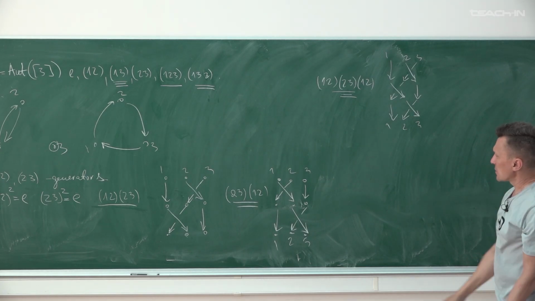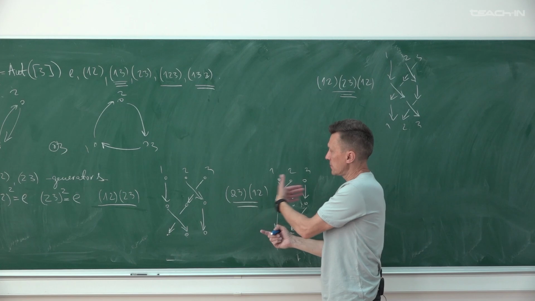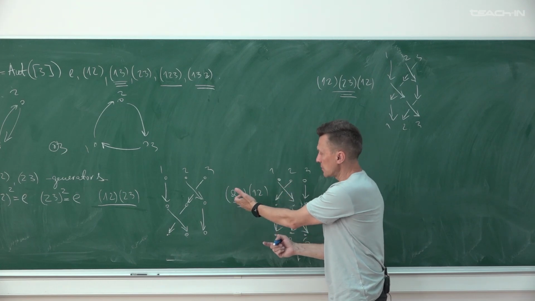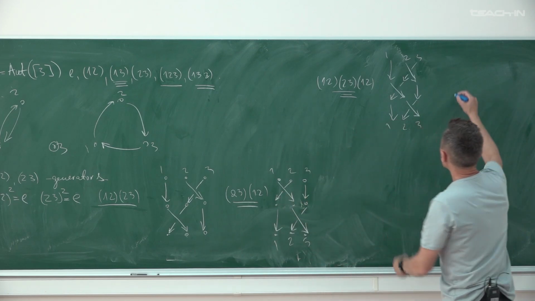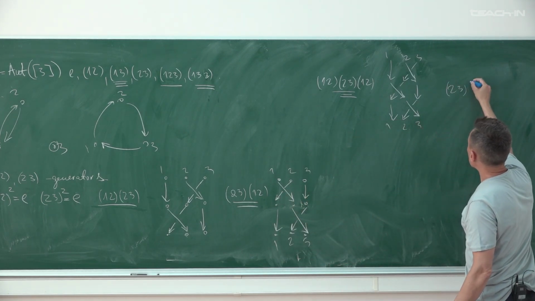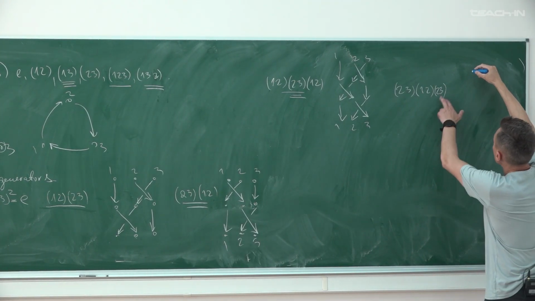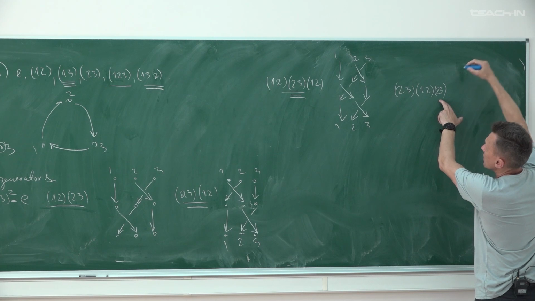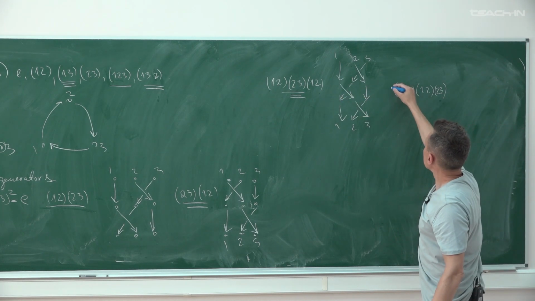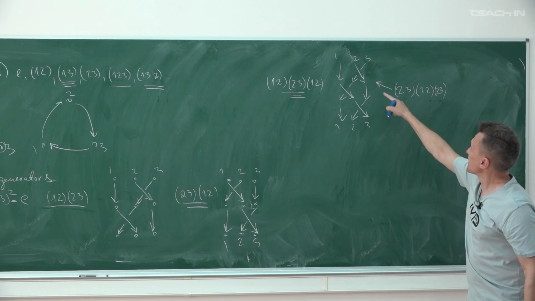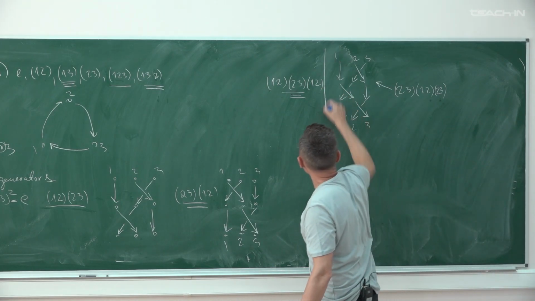And another element in this list, another monomial of order 3, could be obtained if you multiply this by (2,3) on the right. I'm sorry, I started by (2,3). Okay? So it's a mistake.